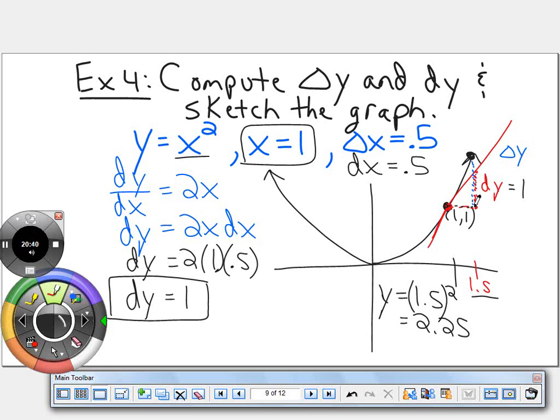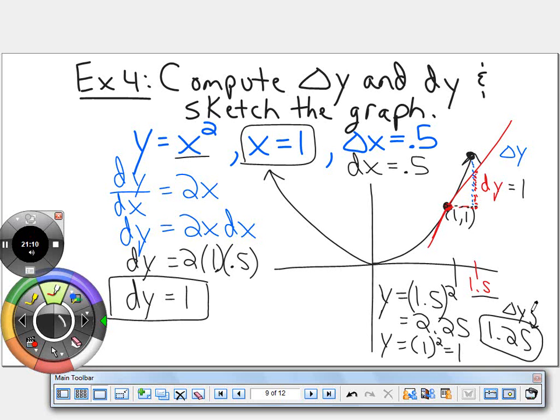So when we plugged in a 1, it would be 1 squared, so that's 1. So you can tell there's a difference there of 1.25. That right there is the change in y. So change in y equals 1.25. And we see that the linearization is only 1. So kind of makes sense there, hopefully, for you.